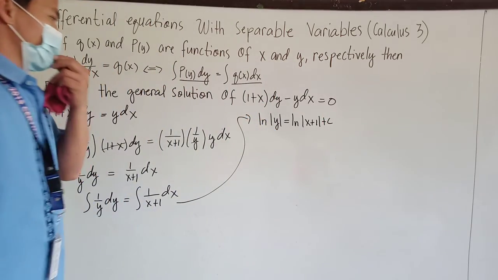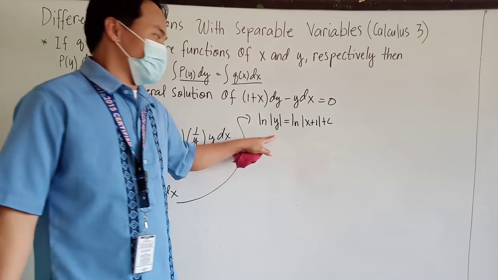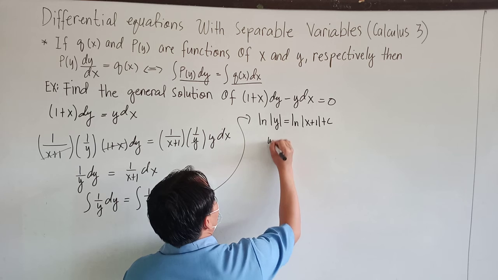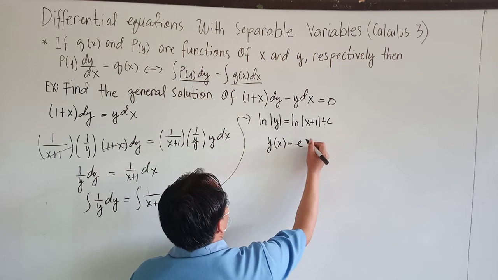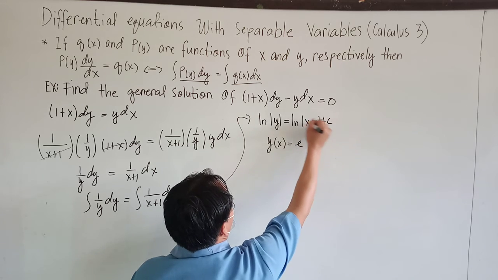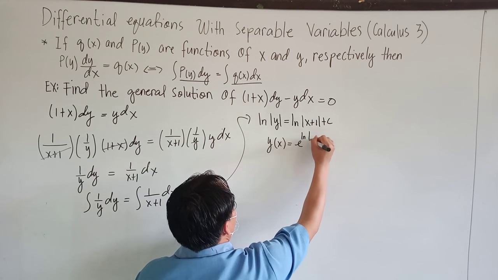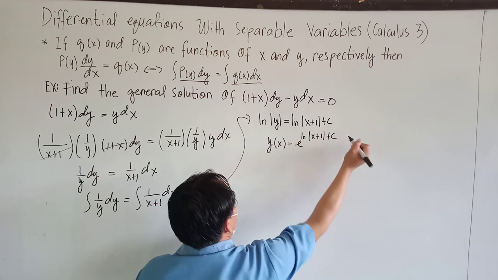But remember, our goal is to find y of x, meaning the general solution. So y of x is equal to e to the power of the whole function on the right-hand side, so we have e to the ln of x plus 1 plus c.